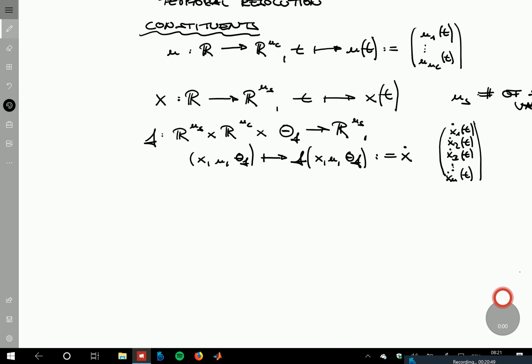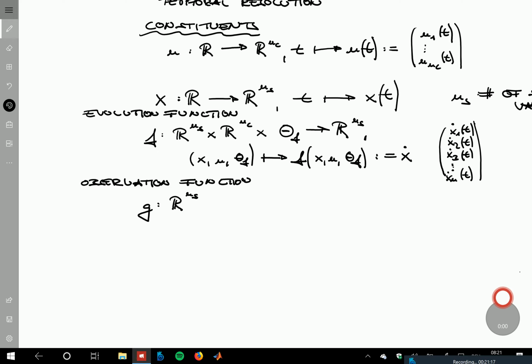This is also called the evolution function, of course for the latent state. And then there's the observation function, which is also immediately clear from what we did above. This function g takes an ns dimensional vector, takes a value in the space of parameters for itself, namely these theta g.